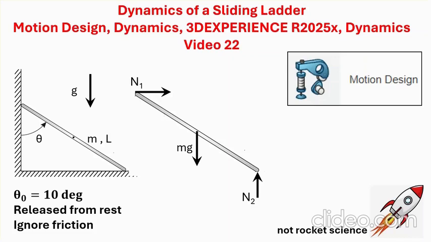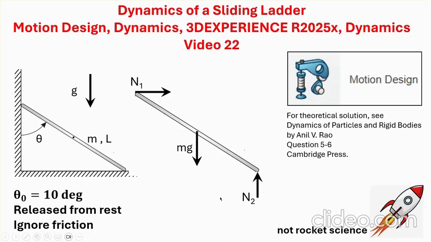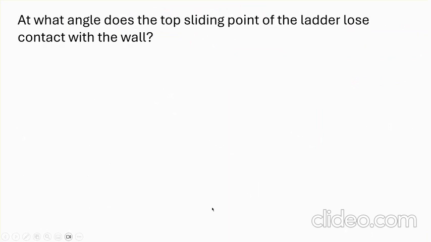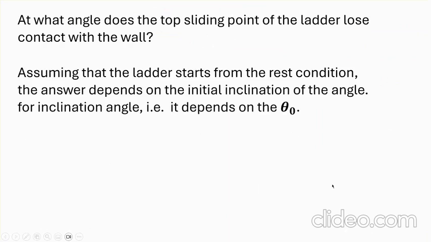it does at all. This problem can be solved analytically in several sources, but the complete solution you can find in that reference. As I said, the objective is to find out at what angle it leaves the wall. Of course, the answer depends on the initial release angle, theta naught.